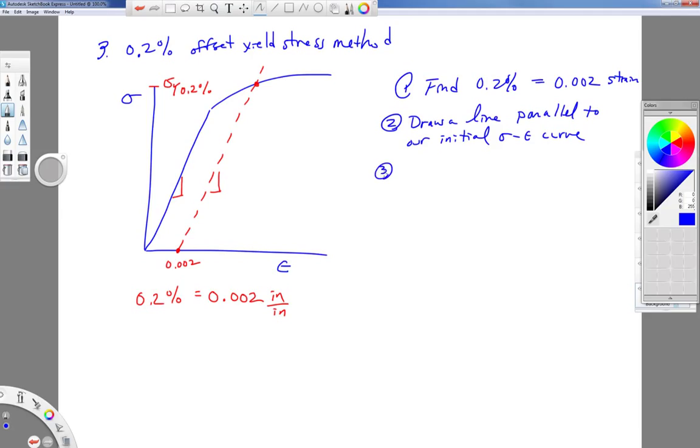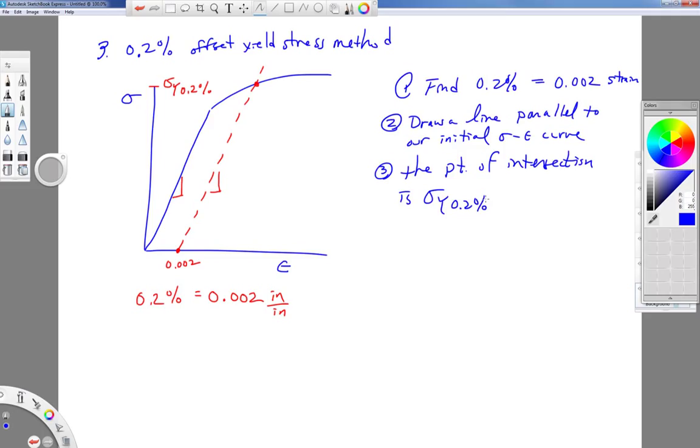And then finally, the point of intersection is our 0.2% offset yield stress. So that's a way to estimate where we have permanent deformation.